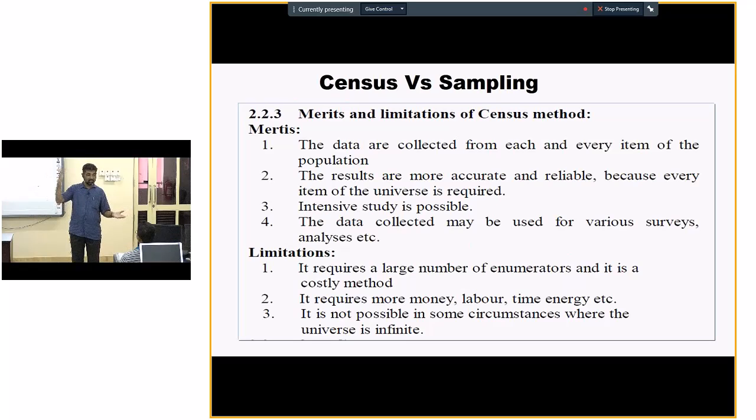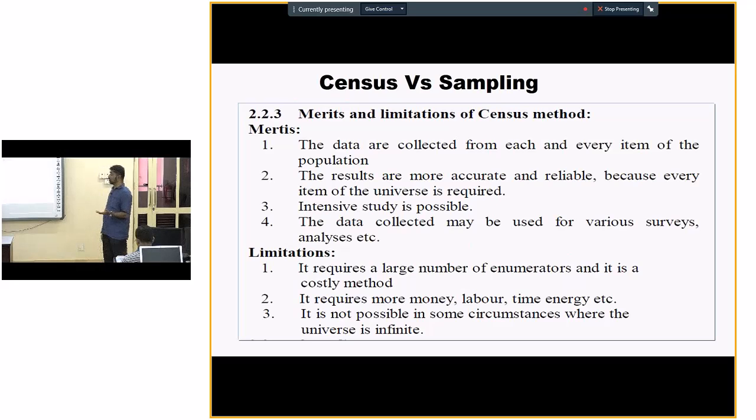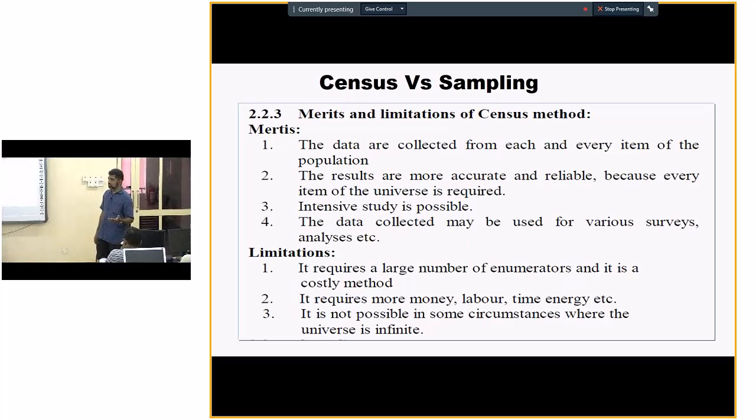If we test every product, you need to sell them, right? Then it is not practical. At that time we have to use a sample. But if we can consider the population, it will give a good picture about the issues, right?